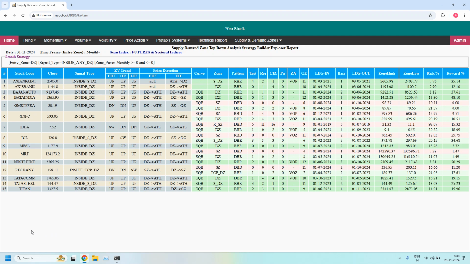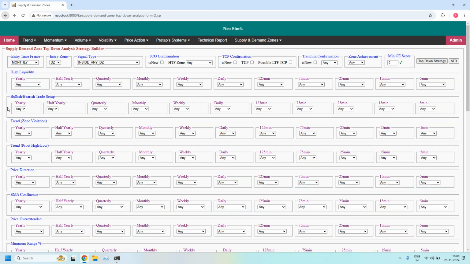And in these 15 monthly demand zones, how many are having monthly EMA Confluence? Let's identify. In the EMA Confluence, monthly time frame, monthly demand zone having monthly EMA Confluence. And you know that EMA Confluence is not applicable in a sideways trend.